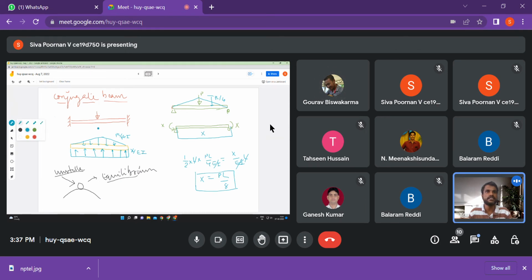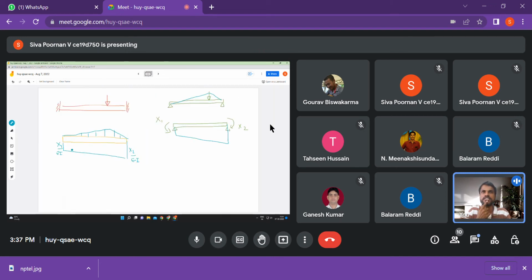Therefore if you take the moment about any point, it will definitely be zero. So it is inherently satisfied, that's why we didn't take it. Here we have to explicitly satisfy it, that's the only difference.